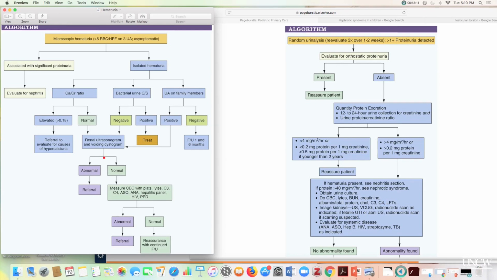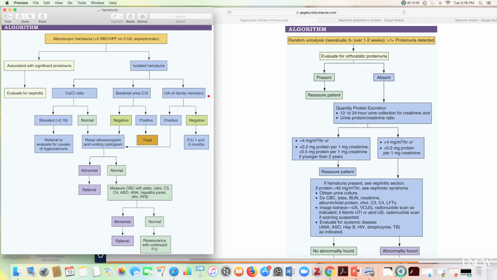All right, so if you have a child who comes in to see you and you've gotten a UA for some odd reason, and the kid seems fine, totally normal exam, but they've got microscopic hematuria, so a really small amount of blood in their urine. That isn't something you're going to be super worried about. You're going to repeat the urine and talk to them about the family members.